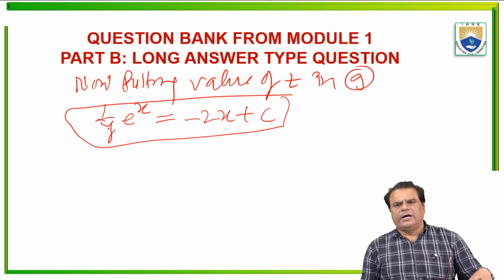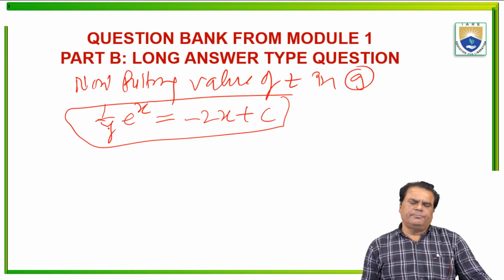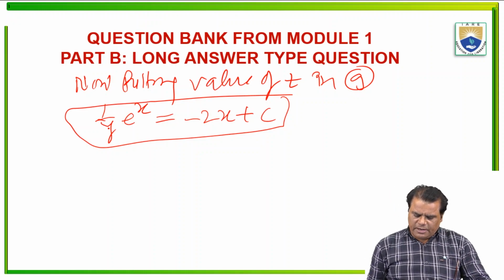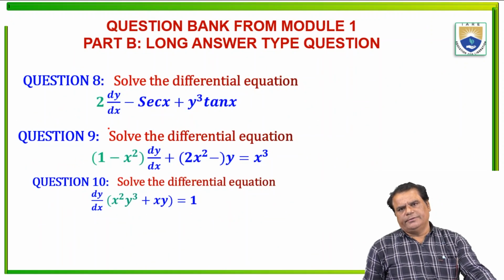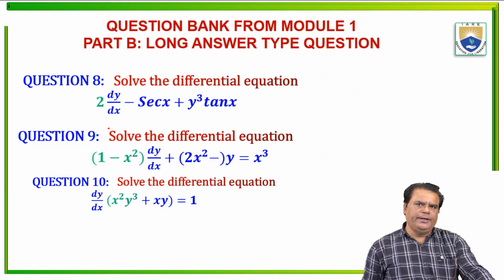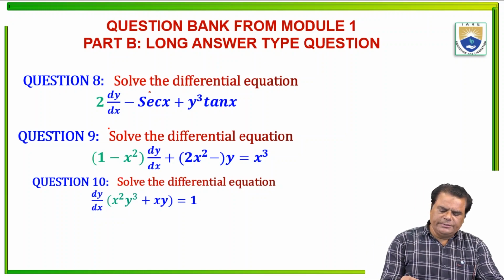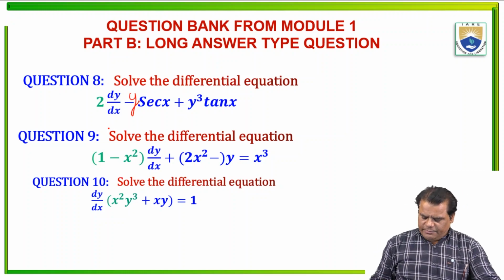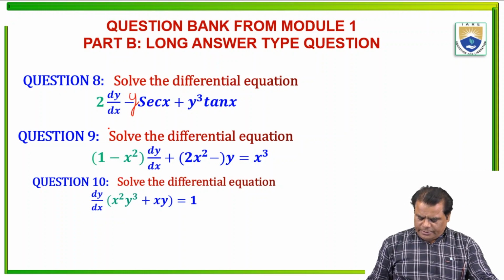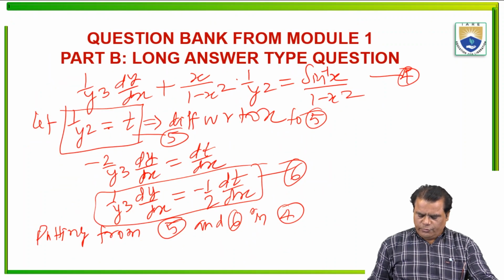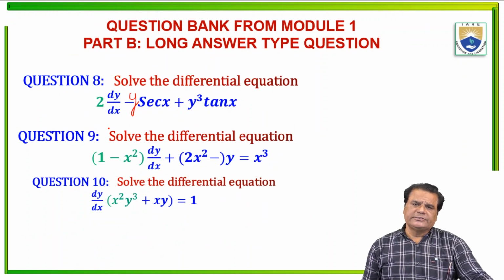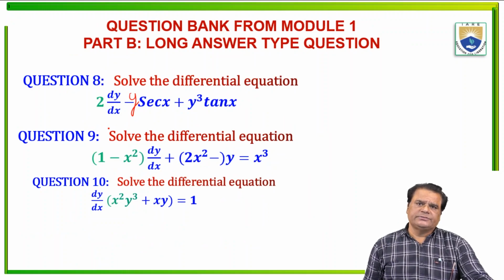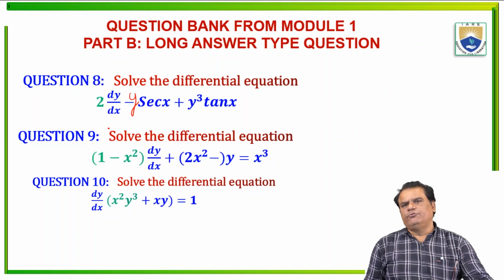At last, I want to solve the next problem, problem 8. That is a very important problem. Here is some mistake. I want to solve problem number 8. What is question 8? 2 dy dx minus y sec x equal to y cube.